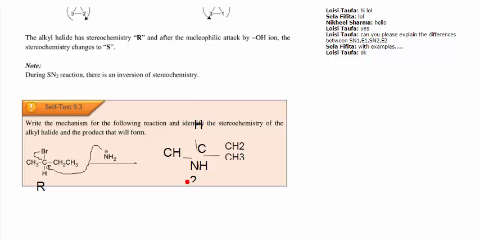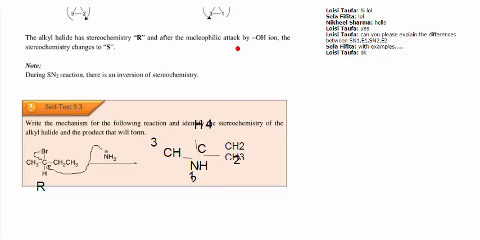Okay, so now if you label it, the nitrogen is much more electronegative than the carbons and the hydrogen, so that gets given 1. Then comes the ethyl group, 2, the methyl group, 3, and then the hydrogen which is 4.